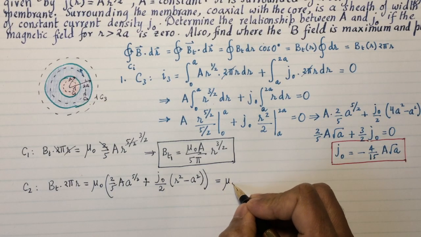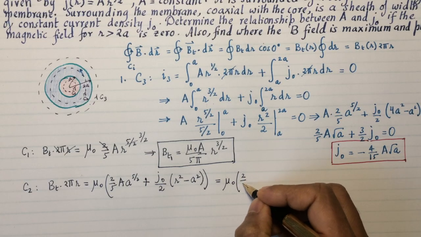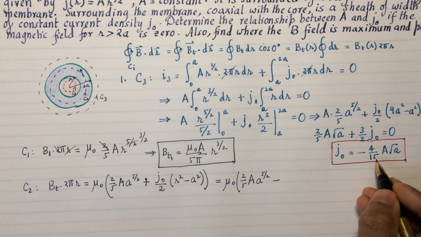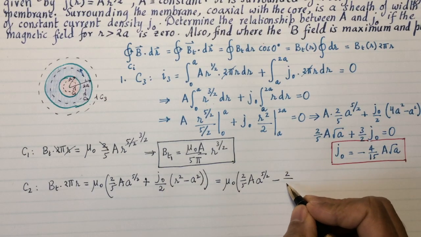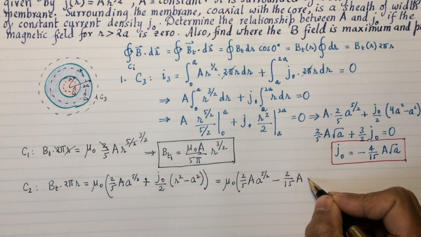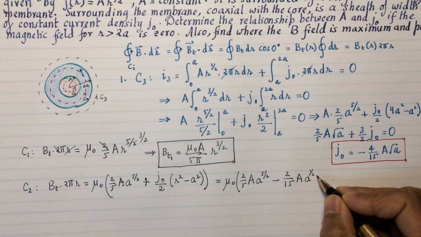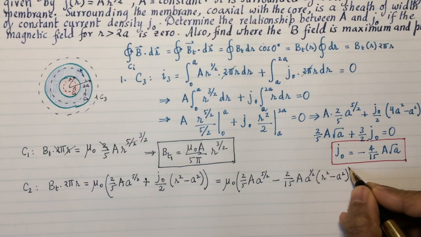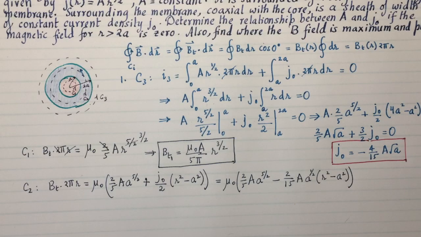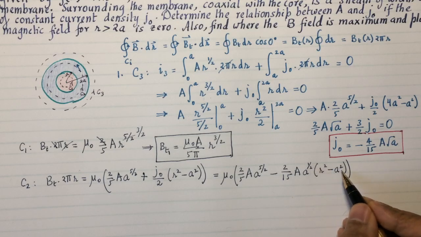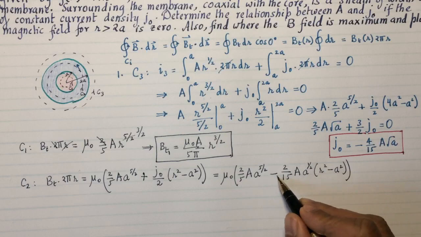And like I promised, I'll eliminate j naught altogether by using what j naught is from that first calculation. So I get mu naught times 2/5 a to the 5 halves minus 4/15 times 2. So that's going to be 2/15 a. I'll write it as a to the half for symmetry times r squared minus a squared. You can see there's some simplification already, because when I multiply a to the halves and a squared, that minus becomes a plus.